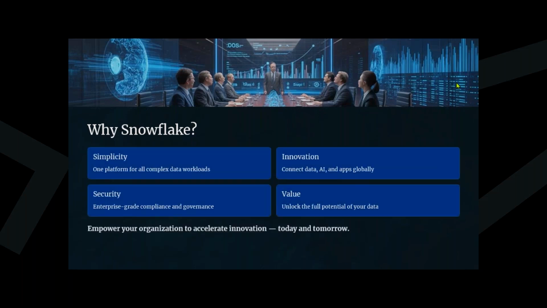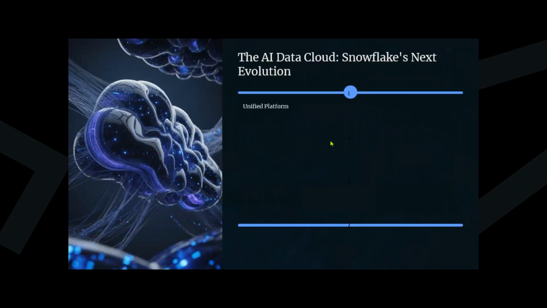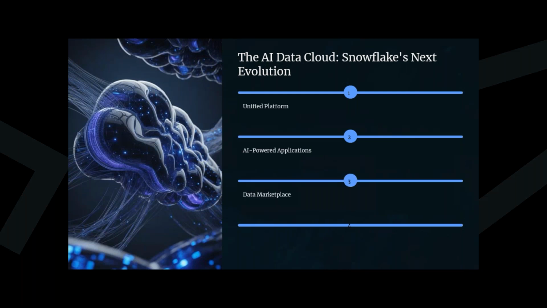With Snowflake, we can ensure streamlined data and secure data access. The main advantage of Snowflake is the unified platform. It works with multiple clouds: Azure, AWS, Google Cloud. Another advantage is AI-powered applications that can be easily designed with Snowflake as a backend, Snowflake as storage.